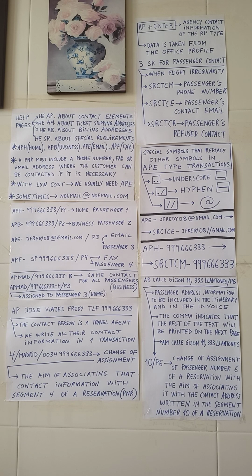APMAD/999666333-H/P3 allows entering the home contact phone number of passenger number 3 in a reservation, simultaneously indicating with the letters MAD that the location is the Spanish city of Madrid.